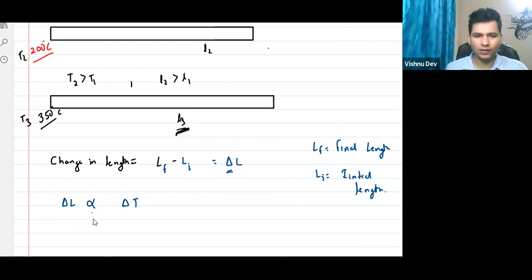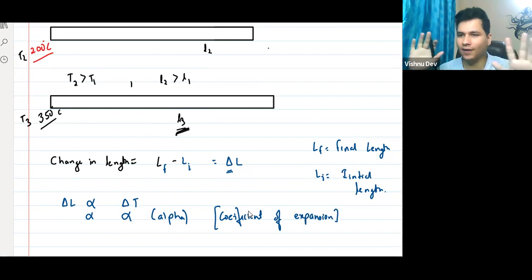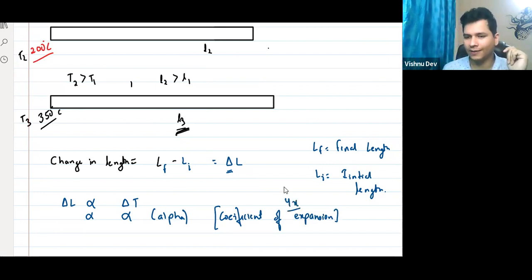So I can say there's a second thing which is called alpha. This is alpha, a Greek alphabet. This is called the coefficient of expansion. Coefficient, you know what it means? It's a constant term, right? Coefficient, like when you write 4x here, this 4 is the coefficient of x. Agree? Right?